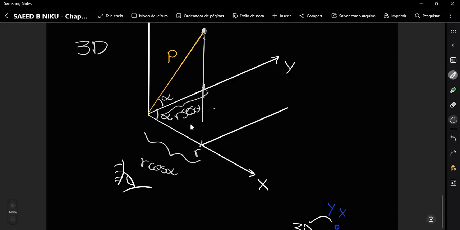So again, I will use the resource that we got. It's just draw a parallel line to the axis. Right here is R2.